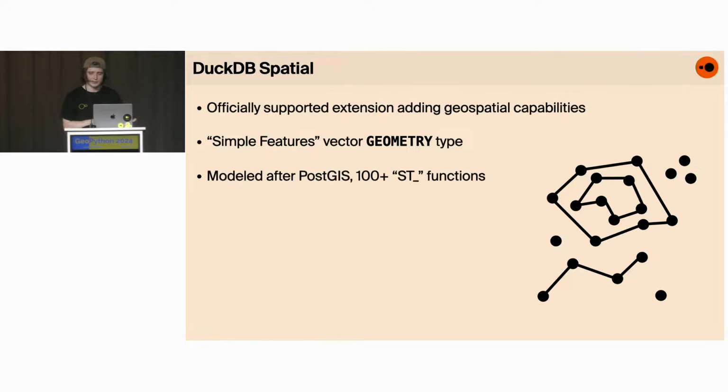And this is modeled after what PostGIS supports. DuckDB itself is inspired by Postgres, so it makes sense that we try to follow what PostGIS does for the geospatial extension. It's also where my background in GIS is, where I have most experience. So we're not fully compatible yet, but we provide, if you count overloads, 100 plus of these ST functions already. So most things are there.